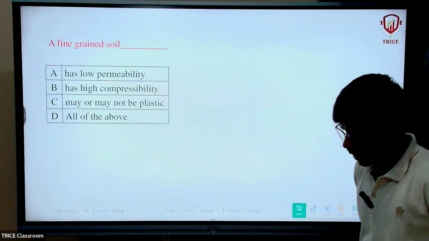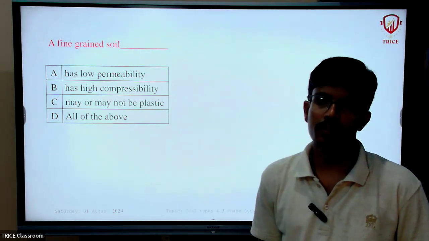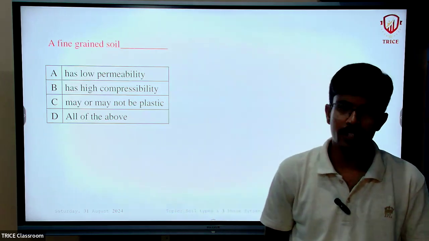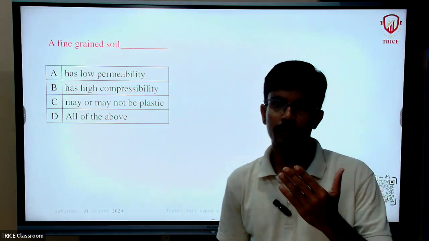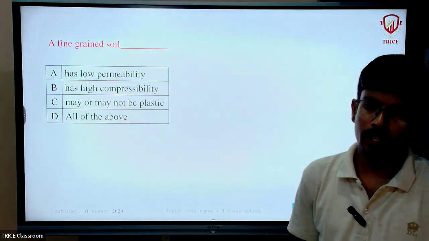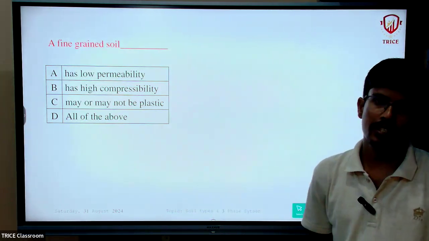Then we have fine grained soils. Coarse grained soils have particle sizes above 75 micron, and below 75 micron we call them fine grained soils.